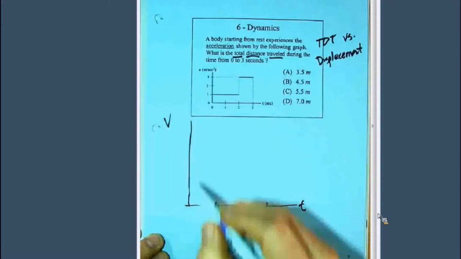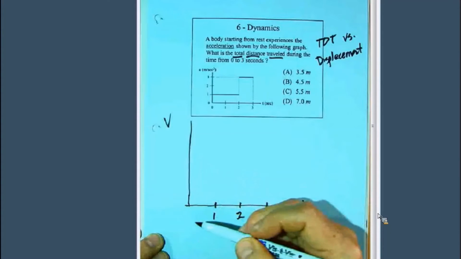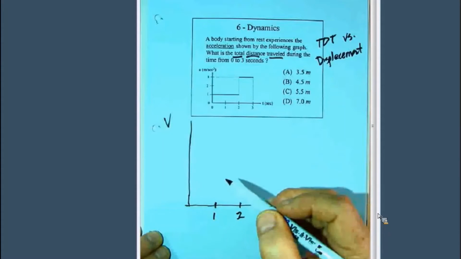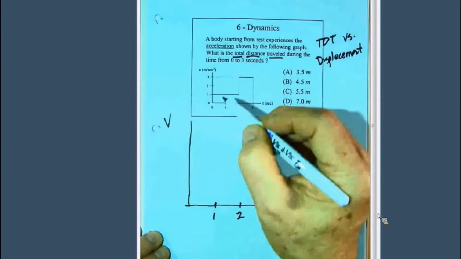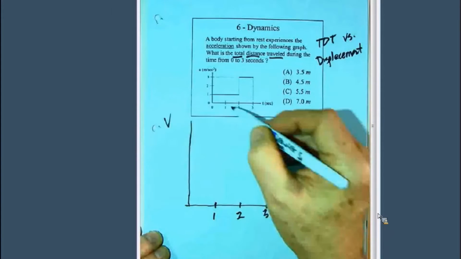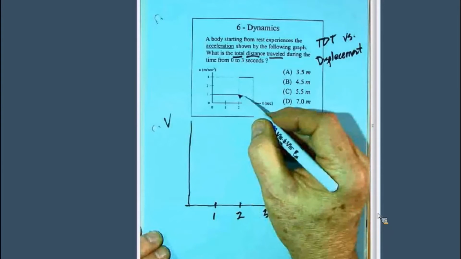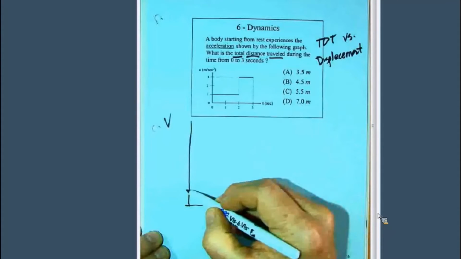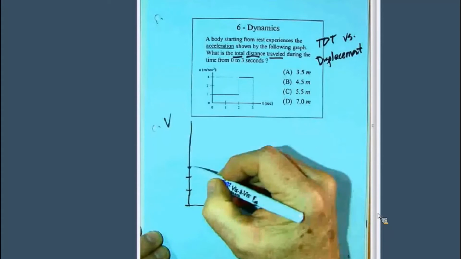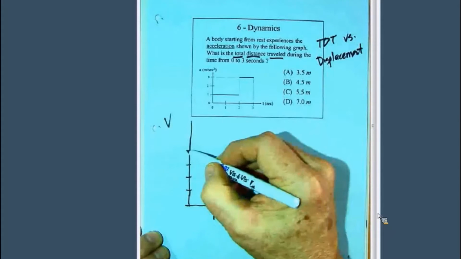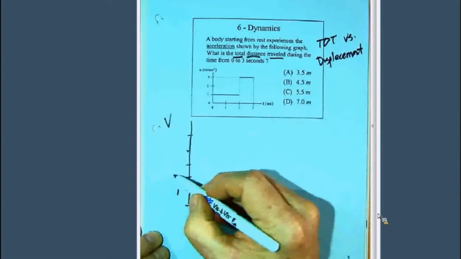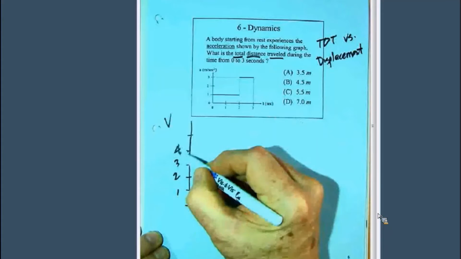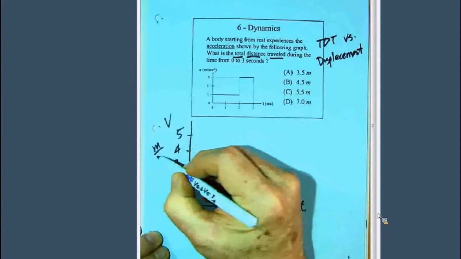And over here, meters per second. For the first 2 seconds, it's going to go 1 meter per second, so it's going to end up over here. Let's see, 1, 2, 3, 4, 5. And this is in meters per second.